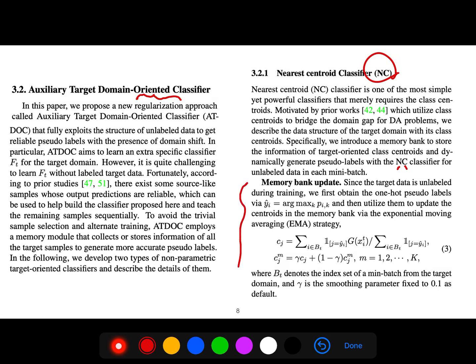So here we have the memory bank update. Since the target data is unlabeled during training, we first obtain the one-hot pseudo-labels, then utilize them to update the centroids in the memory bank via exponential moving average.